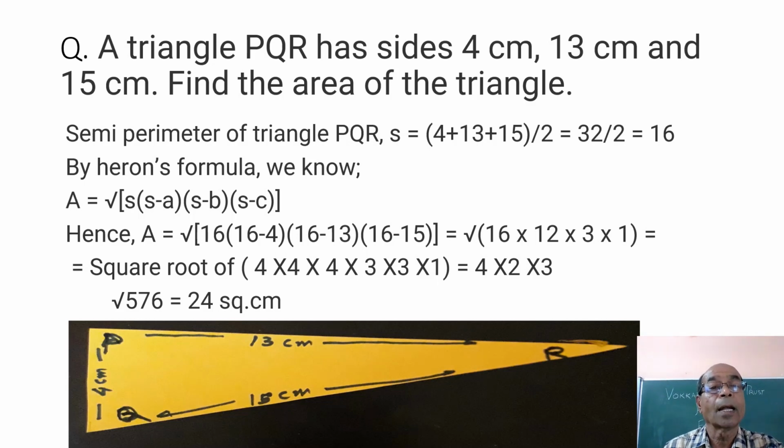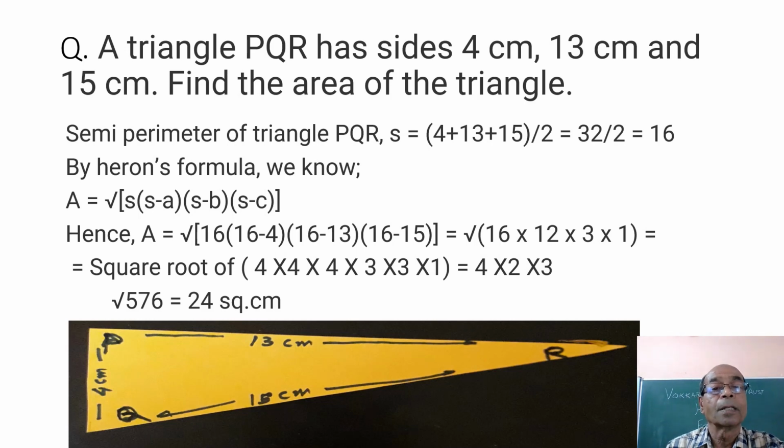With Heron's formula, area is equal to the square root of S multiplied by S minus A multiplied by S minus B multiplied by S minus C. Here we substitute A, B, C by the respective dimensions of 4, 13 and 15. With this, the equation becomes the square root of 16 multiplied by 12 multiplied by 3 multiplied by 1.